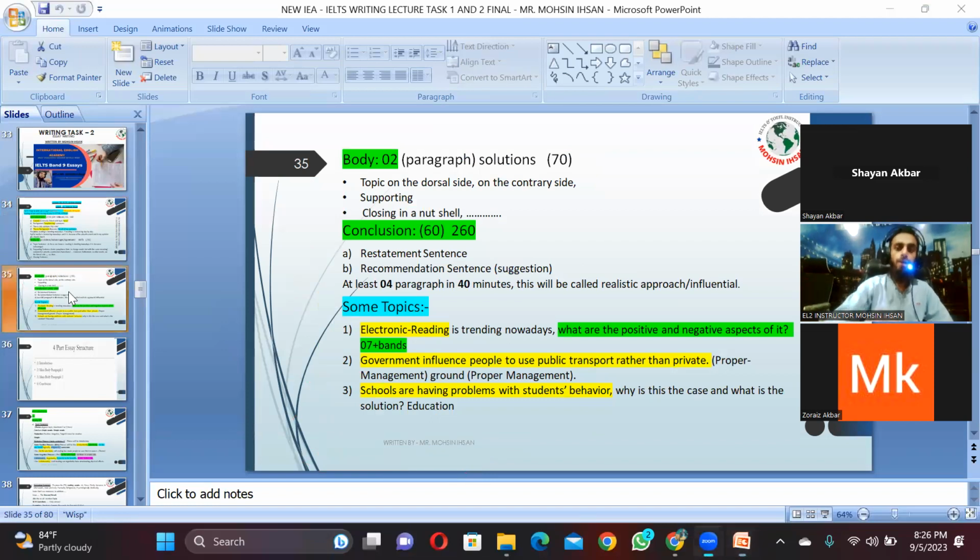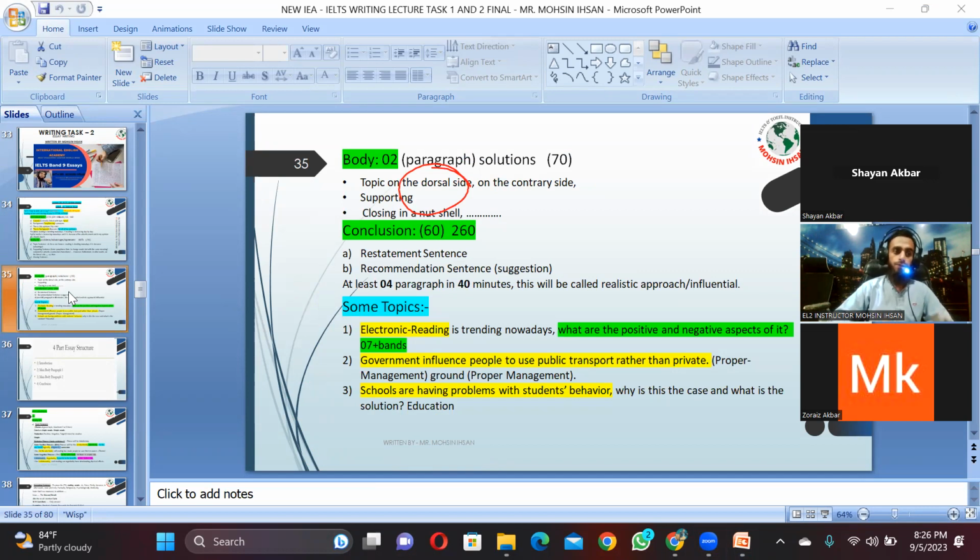So in paragraph number one, one kind of idea: advantages. In paragraph number two, another kind of idea, the other side's opinion, which would be disadvantages. If an advantages and disadvantages essay is given to you, you must discuss both. Advantages are one part, disadvantages are in the second paragraph.